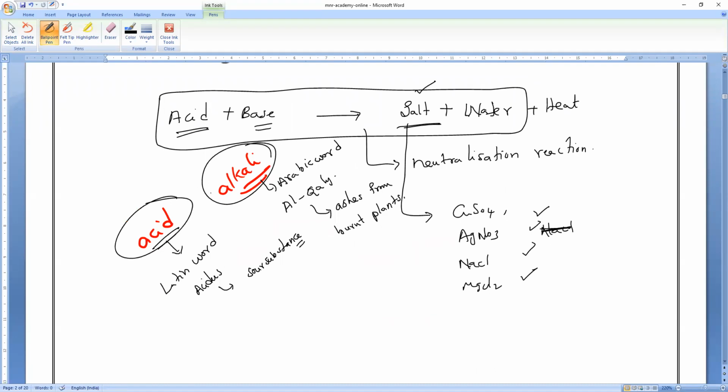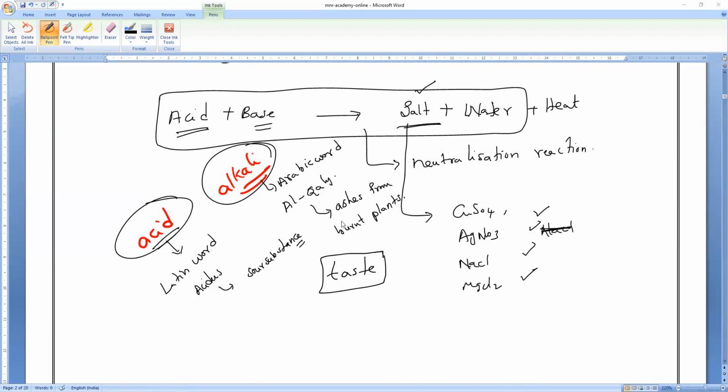Now, at the beginning, I told you that we can see many substances in our surroundings. We can identify and distinguish them by using what? By their taste only. Is it right or wrong, everybody? Please respond. But is it advisable to taste every substance? That is my first question.